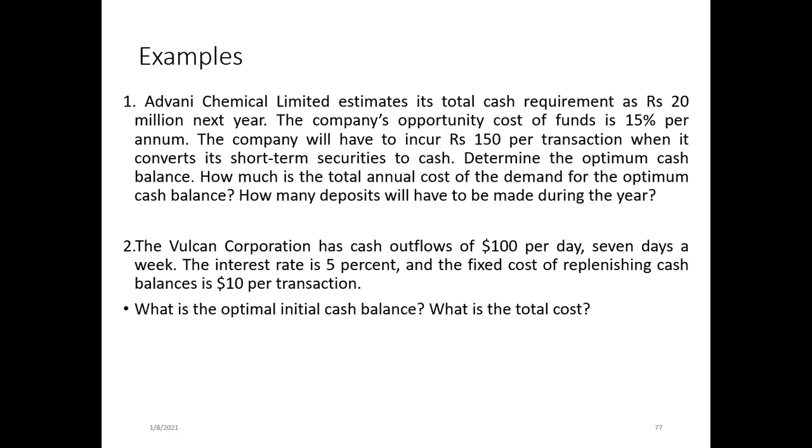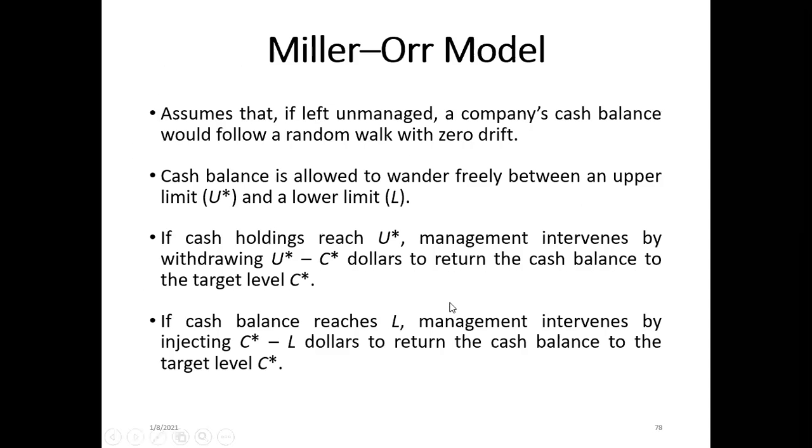So we have to find how many transactions there are in a year, and multiply it by the transaction cost per transaction. And we move to the next model, that is the Miller-Orr model.